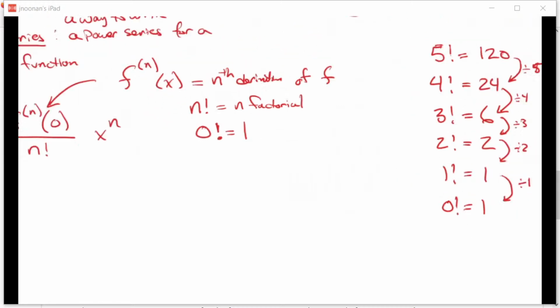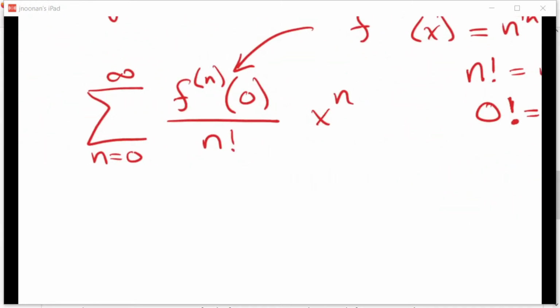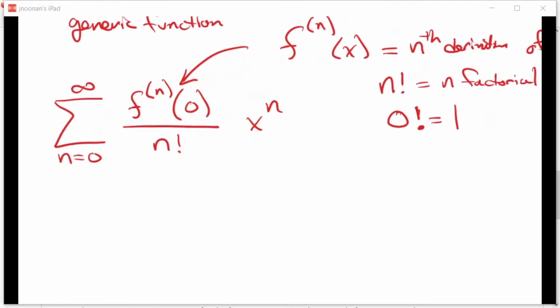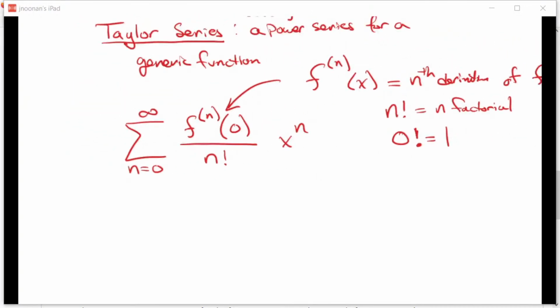Okay, now let's actually do this. Why is this the way it is? Let's see if we can figure that out. First of all, let's imagine f of 0 is what you get when you plug 0 into all of this.